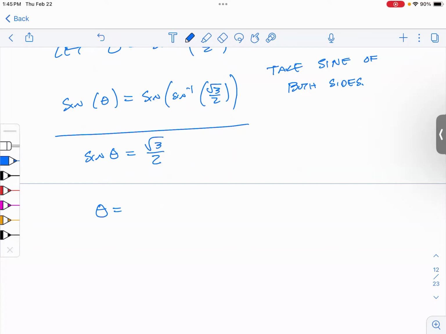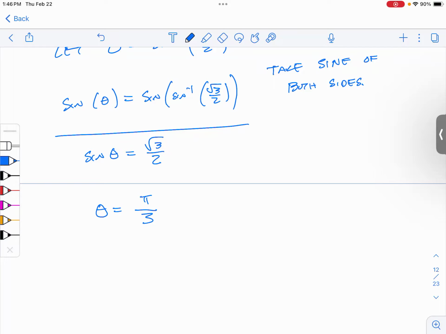And then we just ask, theta, for what angle is sine of theta equal to root 3 over 2? Here, I'll do the hard part, pi over 3. Is everyone okay using their unit circle?